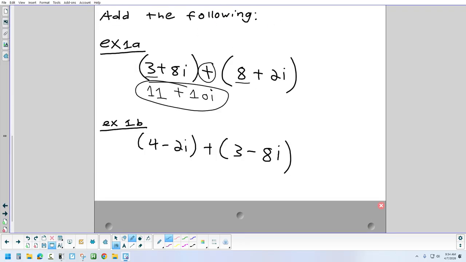All right, let's try that one. So 4 minus 2i plus 3 minus 8i. How about the real part? 7.